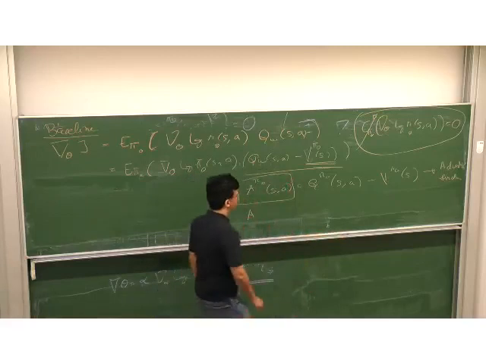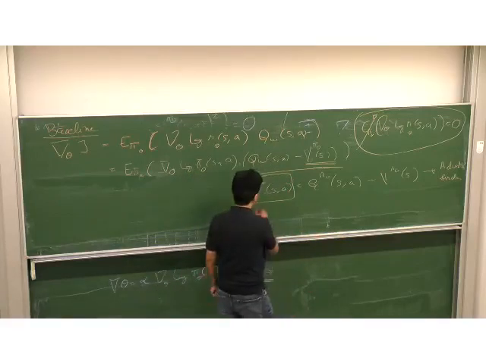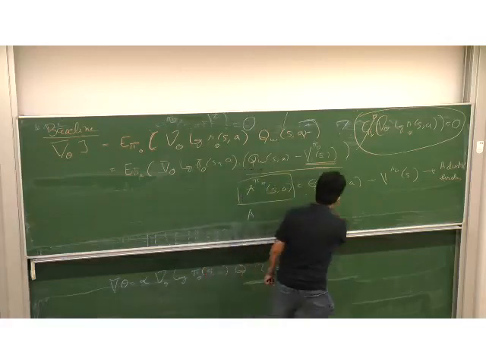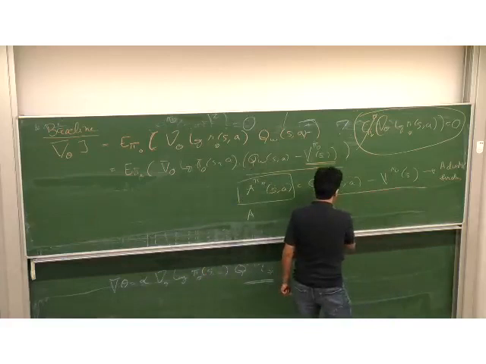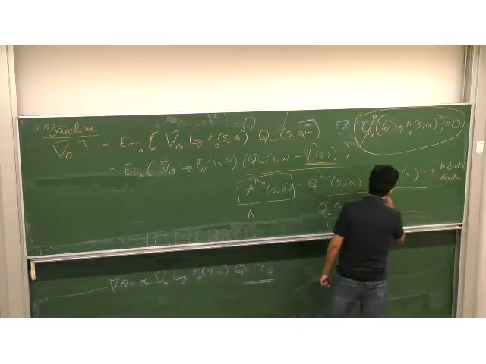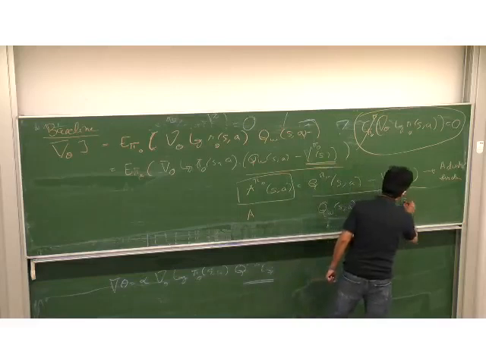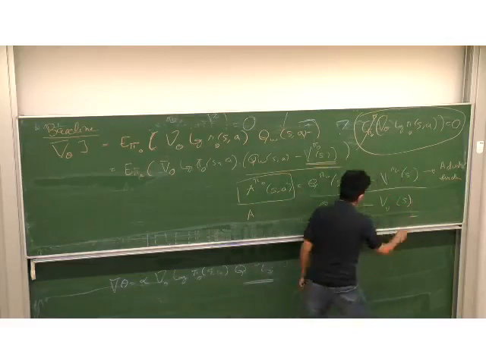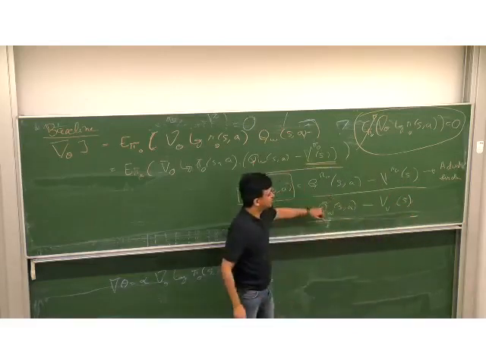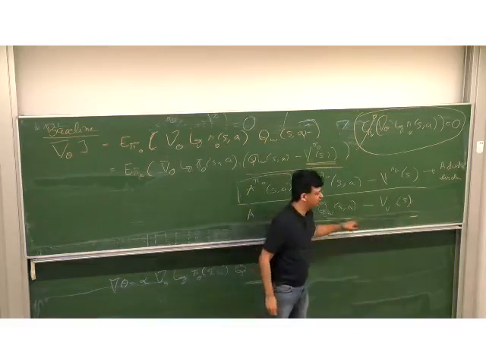You can now represent both of these things by two parameters, Q_W of s, a and V. You can represent both of these things by some function approximation depending on two parameters.